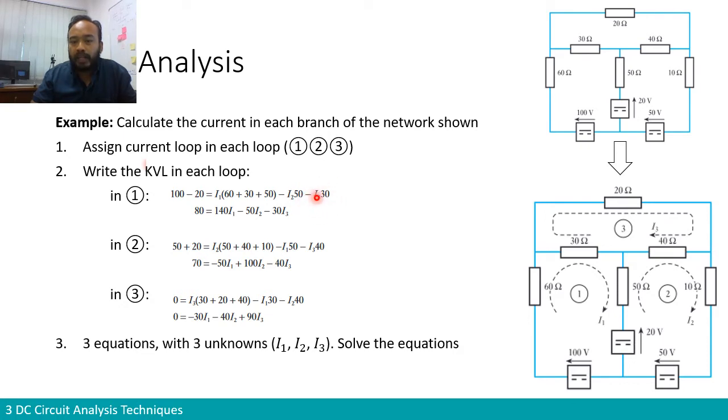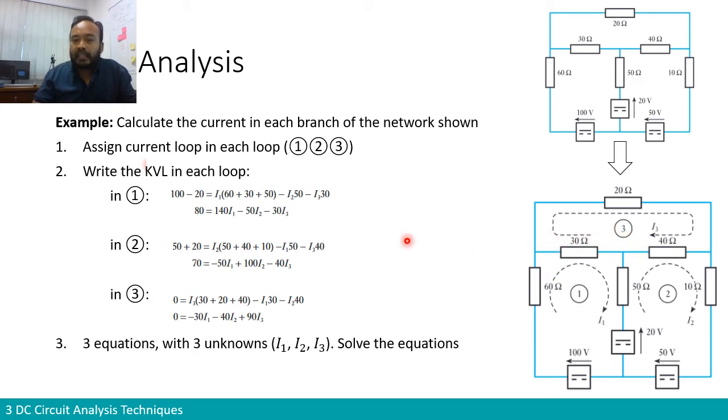Why do we have the minus sign? Because if we look at the direction of current when writing for loop 1, the direction of current is from left to right in the 30 ohm, but the current I3, from the point of view of the 30 ohm in loop 1, goes in this direction from right to left.